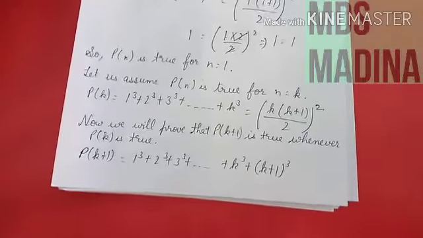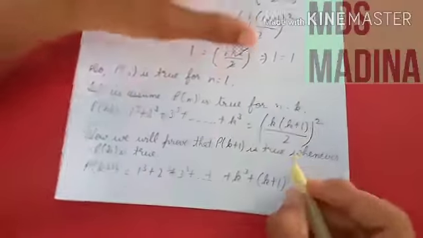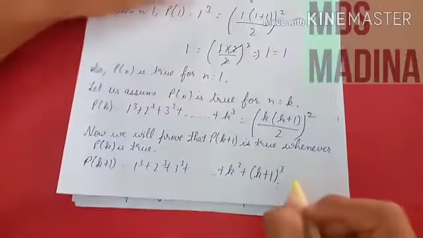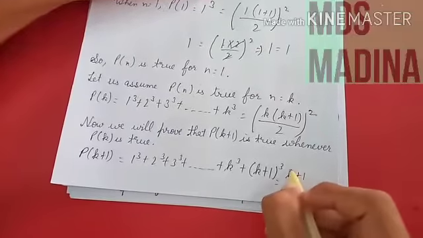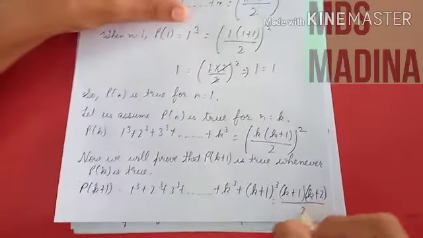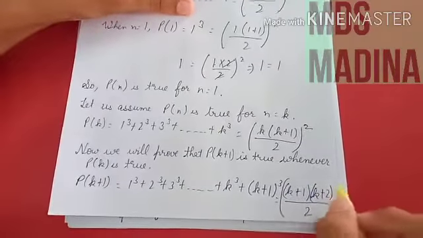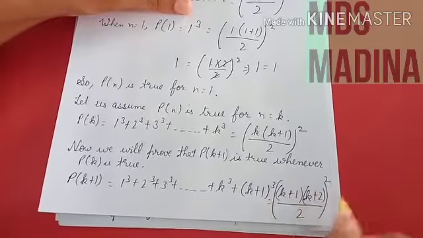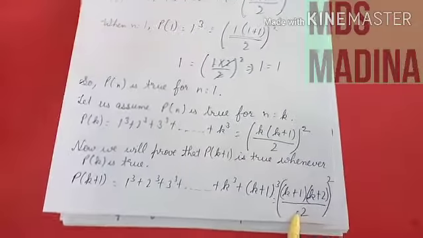So this will be equal to k plus 1 into k plus 2 divided by 2 whole square. This we have to prove equal to this.